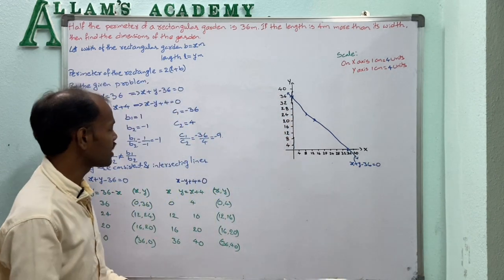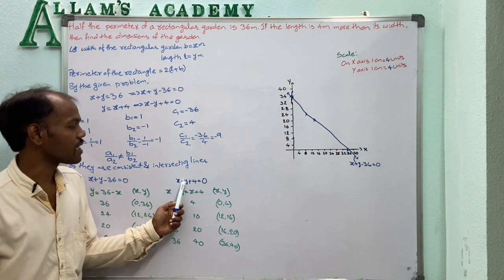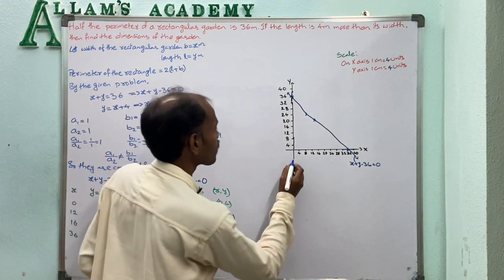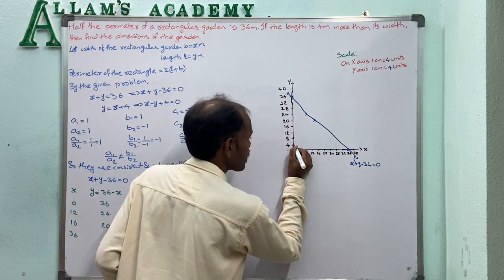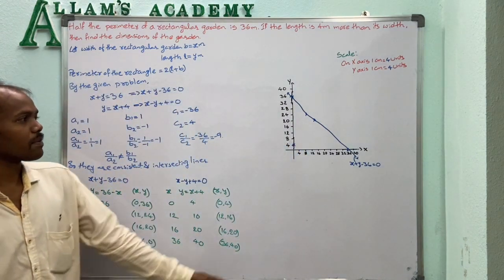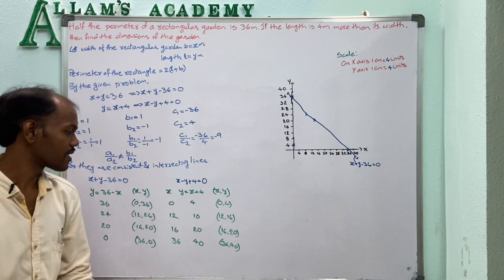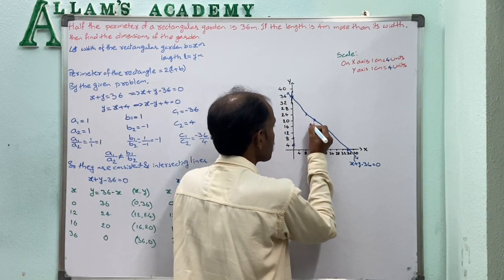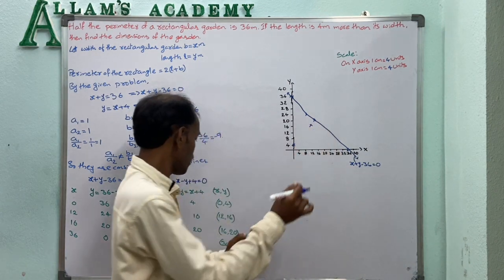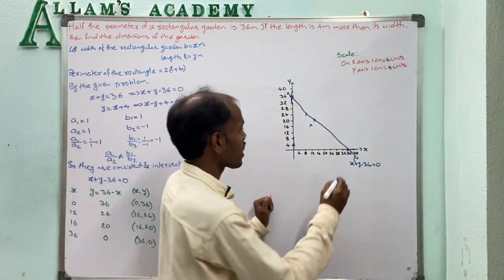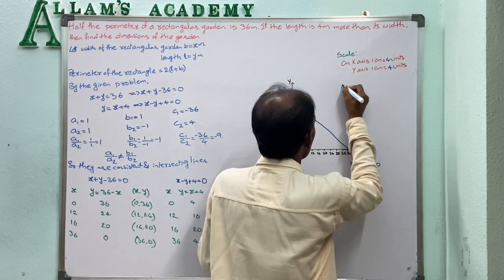Now we take the second linear equation x minus y plus 4 equal to 0. The first point is (0, 4), so for x equal to 0 the y coordinate is 4, which means the point lies on the y-axis. Next, the points (12, 16), (16, 20) and (36, 40).